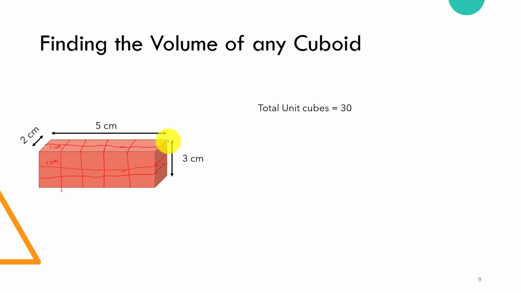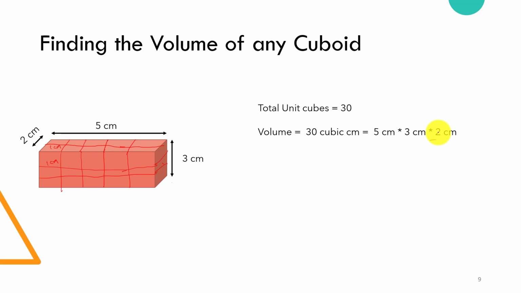We have a total of 3 centimeter of height, that means 10 into 3, so the total unit cubes we will have is 30 here, correct? And for each unit cube we have a volume of 1 cubic centimeter. That means the total volume of this particular cuboid is 30 cubic centimeter, which is nothing but the same as 5 into 3 into 2 centimeter here.